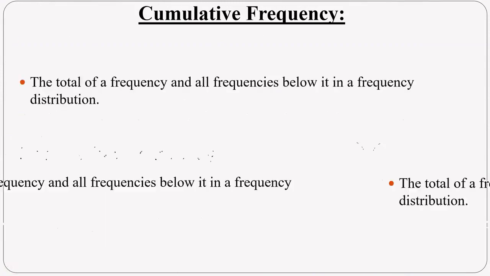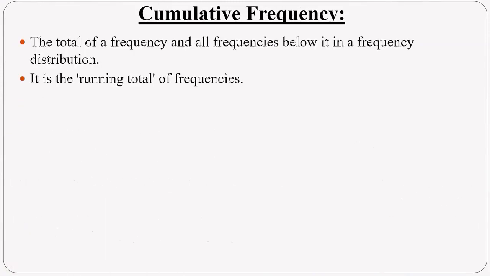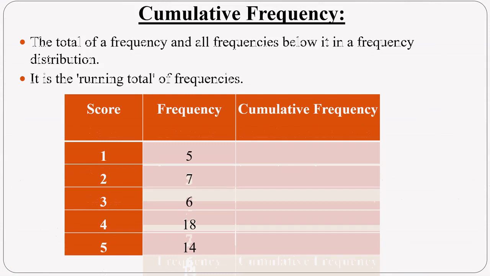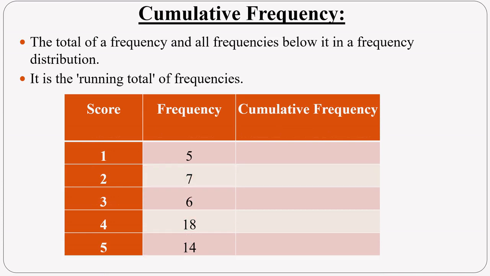Now let me explain what is cumulative frequency. Cumulative frequency is the running total of frequencies. We have score, we have frequency. How to calculate cumulative frequency? First, we need to take 5 in the cumulative frequency like this.